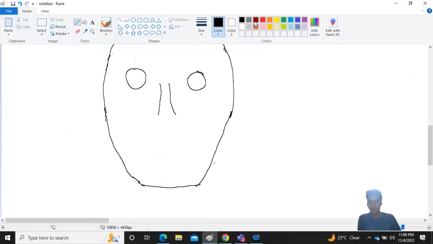So the muscle around the eye. There is a muscle present around the eye.